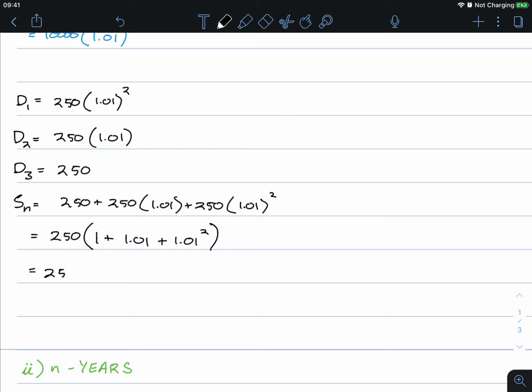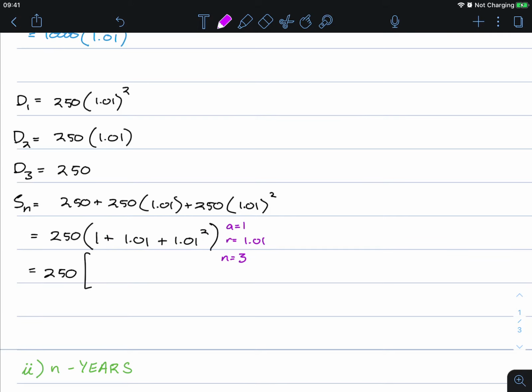Okay, and now from here we find this as an annuity, the sum of a geometric series, where the first term, A, is 1, our rate is 1.01, and N is 3 different terms. Careful not to look at this value, because N is the number of terms. So that's 1 term, 2 terms, 3 terms.